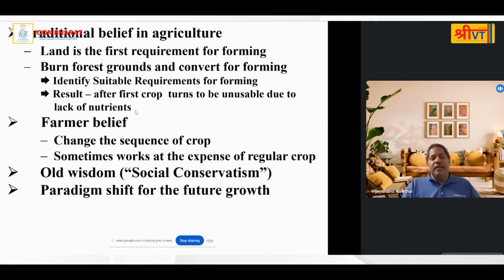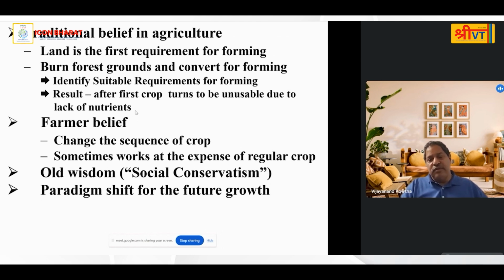So again, the traditional belief of agriculture is the land is the first requirement of farming, and burnt forest grounds are converted into farming. Identify suitable requirements for farming; the first crop returns would be unusable because of the lack of nutrients. So again, composting, all of it, the Aryans, the agroforestry that the Mayans did, we can learn from them.